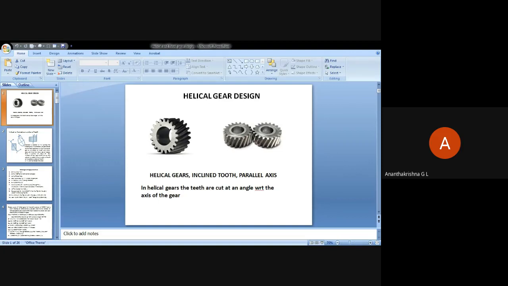So for the second test, please remember, what topics will you have? First, bearings and lubrication. So what we'll have is springs, lubrication and bearings, and rolling contact bearings.